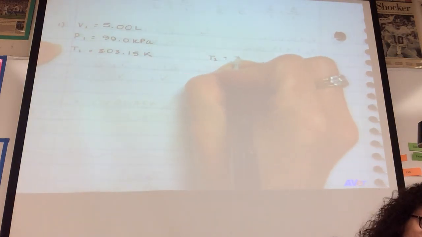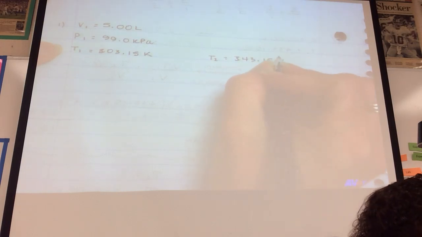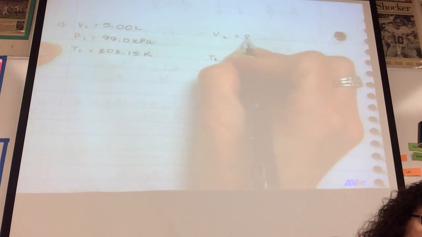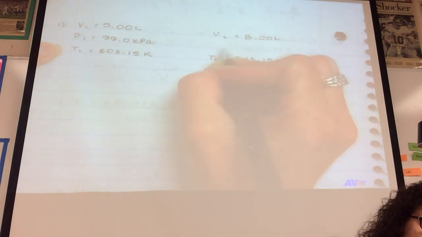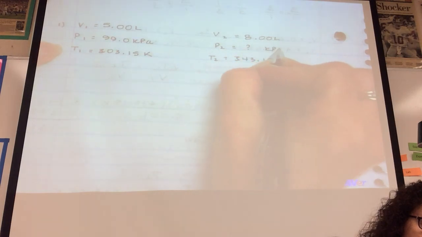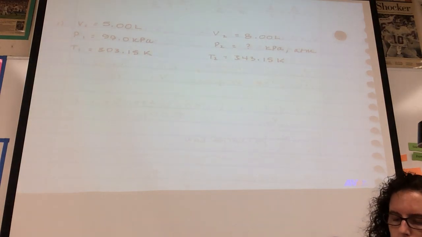T2 is 343.15 Kelvin. V2 is 8 liters. And P2 I'm looking for first in kPa, which is what will pop out, and then in atmospheres, where we can do a simple conversion.